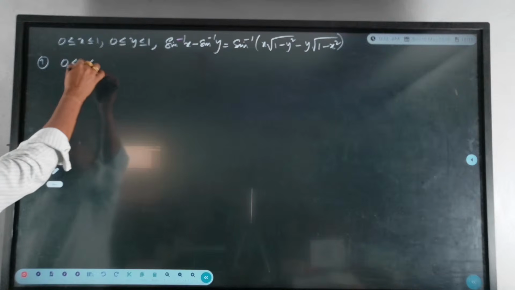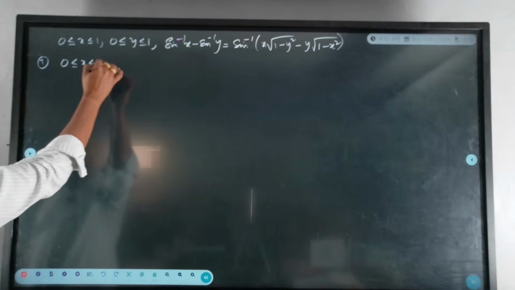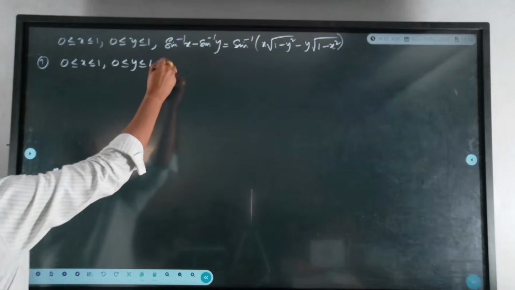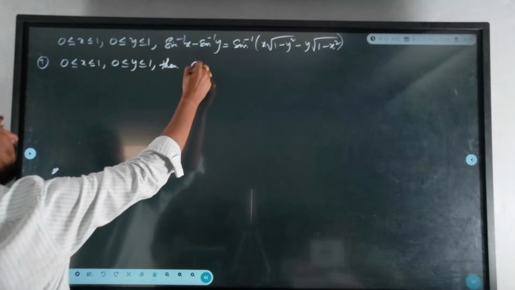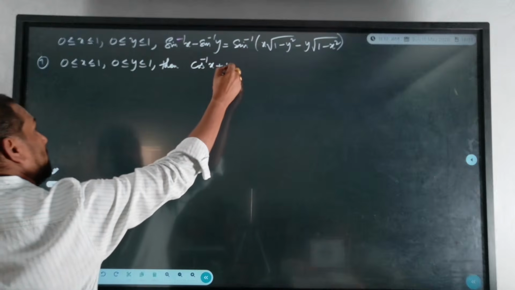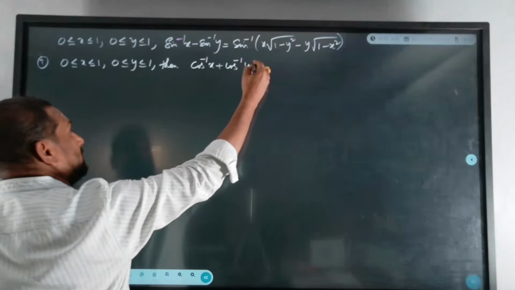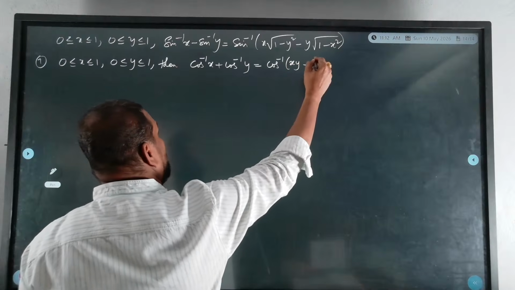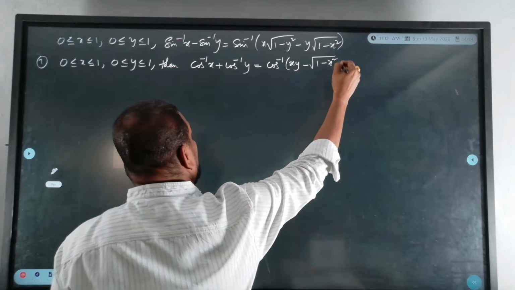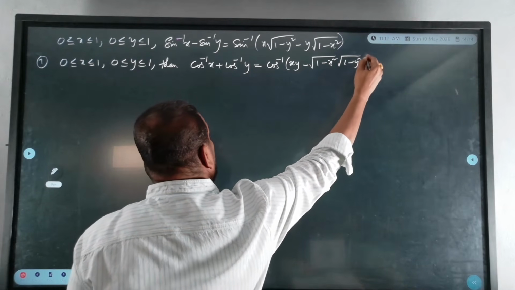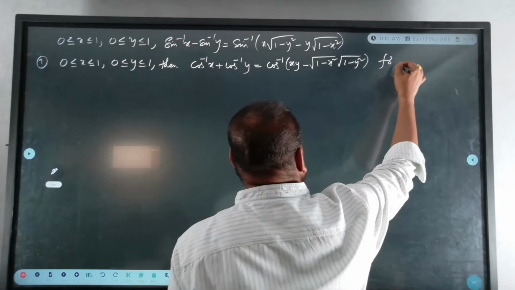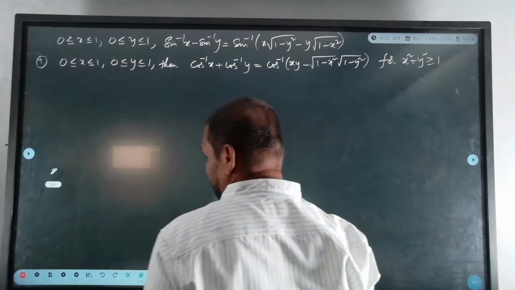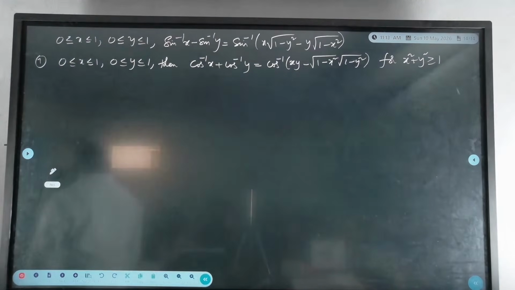Zero less than or equal to x less than or equal to 1, 0 less than or equal to y less than or equal to 1. Then cos inverse x plus cos inverse y is equal to cos inverse of xy minus root 1 minus x square root 1 minus y square, for x square plus y square greater than or equal to 1.